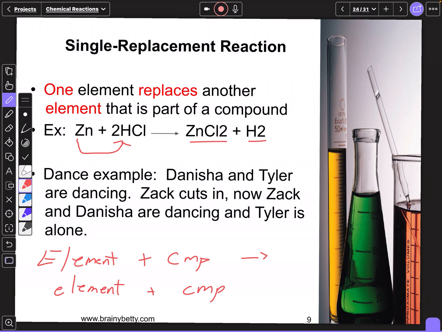So you have usually two reactants and two products, and on the left side one will be an element, one will be a compound. On the right side, one will be an element and one will be a compound. It doesn't matter what order they're in, but you can tell it won't be synthesis because synthesis only has one product. You can tell it won't be decomposition because decomposition only has one reactant.